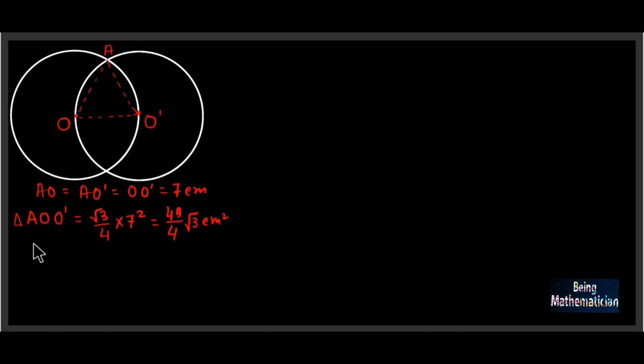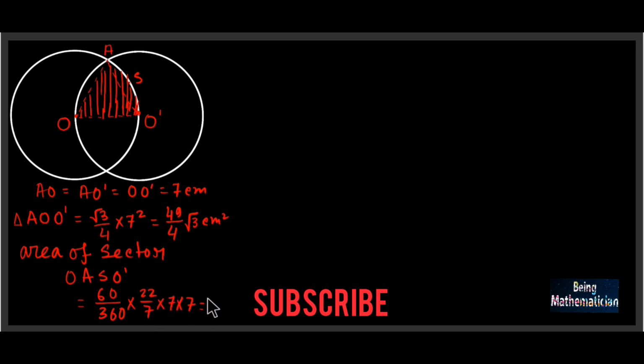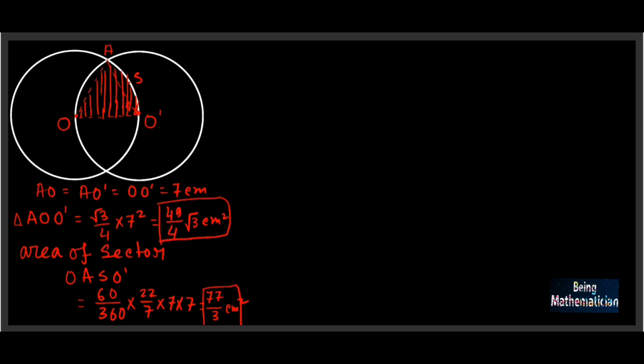Now the area of the sector, this point may be S, the sector OASO dash, means this sector, is 60 by 360 into 22 by 7 into 7 into 7, and it must be 77 by 3 centimeter square. We have to remember these results.